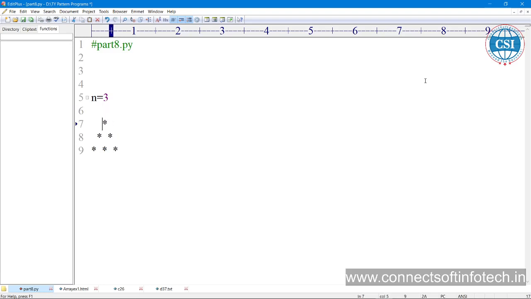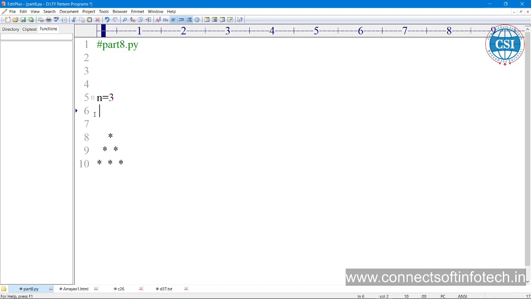Now let us look here. This is the first row, this is the second row, and this is the third row, meaning n number of rows. Let me take i here.